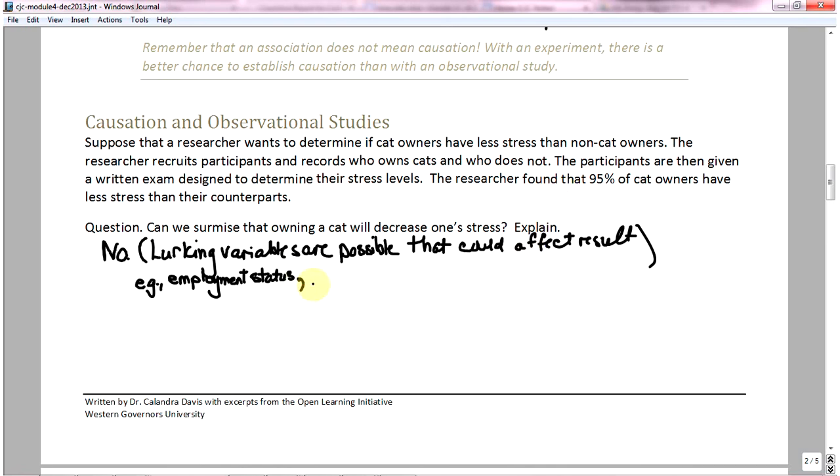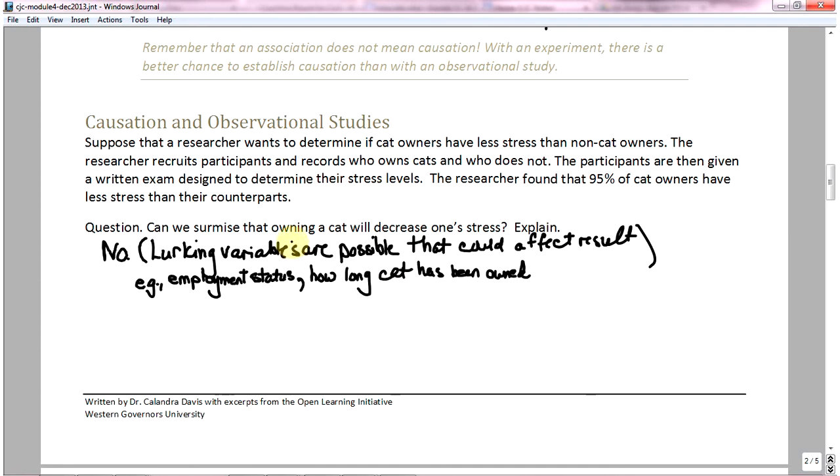Another lurking variable could be how long the cat has been owned. If someone's going through litter box training, it's quite probable that they're not going to be as stress-free as someone who has a 10-year-old cat that behaves perfectly.